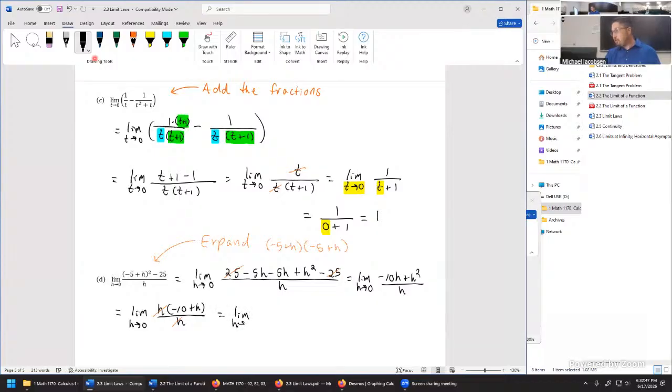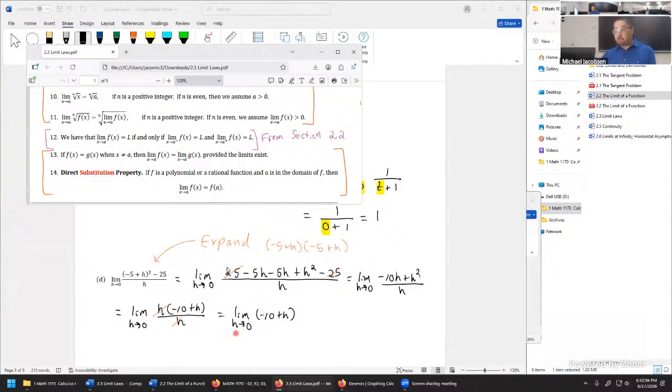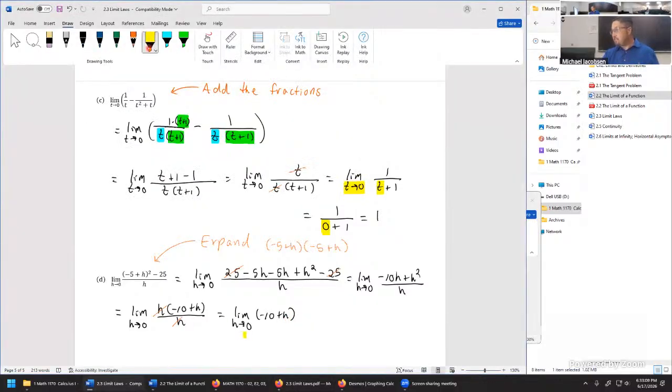A limit as h goes to 0 of negative 10 plus h. In the variable h, which is a weird variable, it's a polynomial function. It's linear of degree 1, so we can directly substitute the value 0 in for h, and our work is done. So we go back here, take 0, plug it in for that value h, we get negative 10 plus 0.